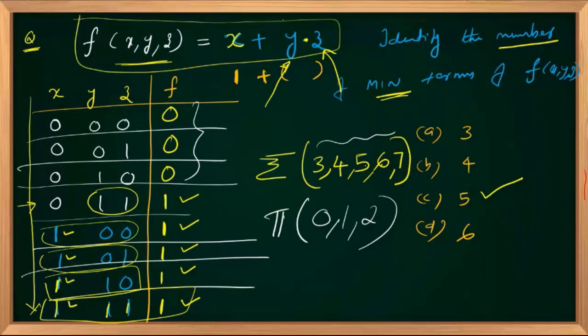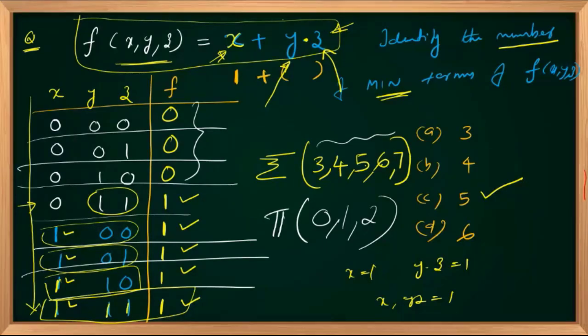We have two terms, x and y dot z: x plus y dot z. So f will have a value equal to 1 if either x equal to 1, or yz equal to 1, or both x as well as yz equal to 1. We should consider cases individually.